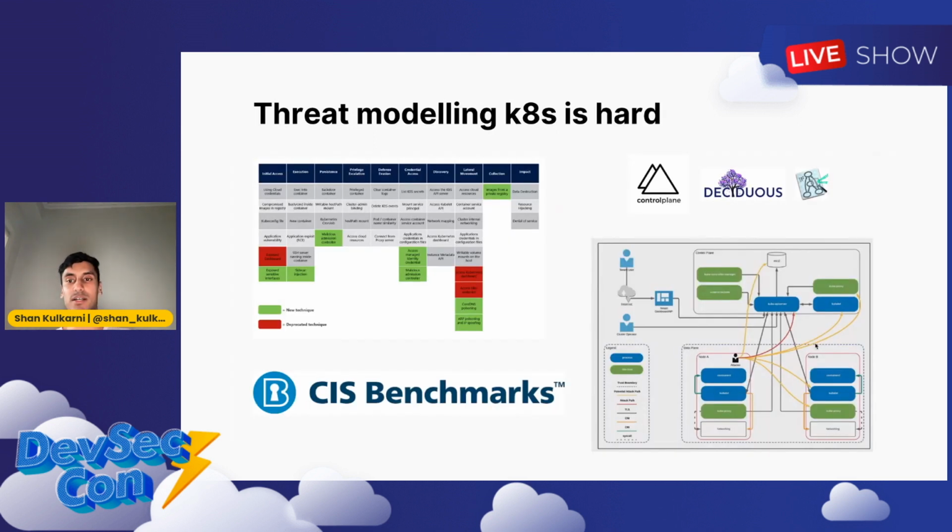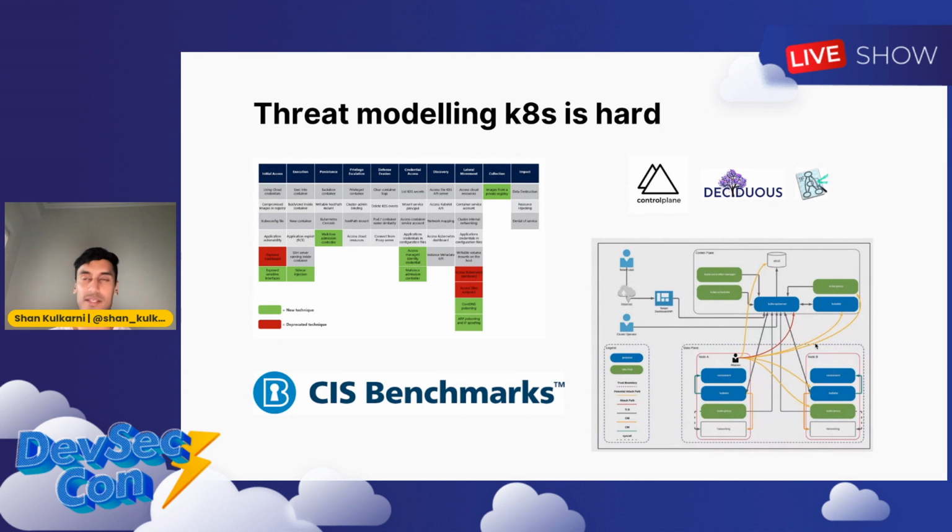And so while there are things like CIS benchmarks, and I know Microsoft published some nice threat models and attack matrices and things like that on how to understand what to secure and how, overall, it still becomes very difficult. It's still a very high barrier of adoption for the people building and operating these workloads to get started with thinking about how to secure them.